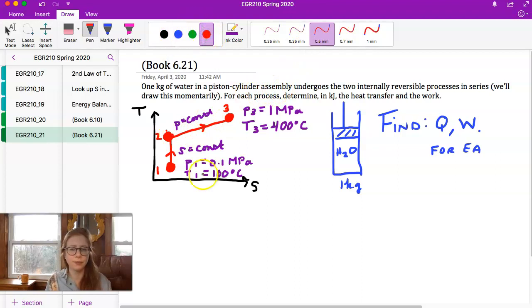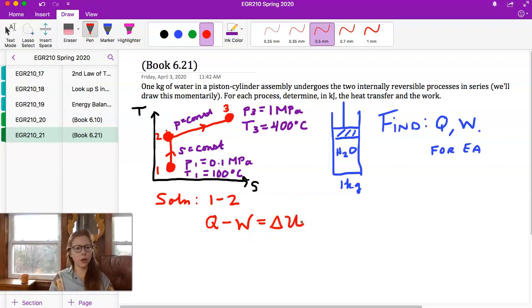So let's start. Okay, so let's look at process 1 to 2. So we'll start with an energy balance. And from 1 to 2, we have Q minus W is going to equal delta U. Okay, so something that we know about this process is that S1 equals S2.